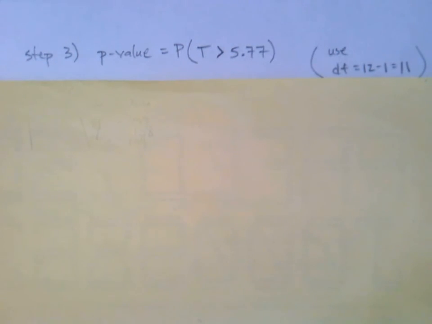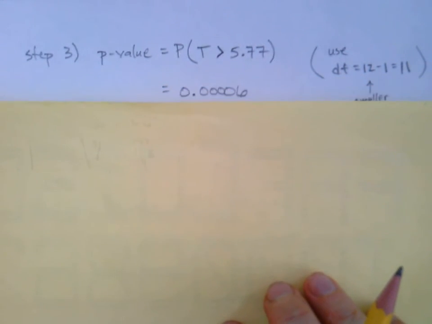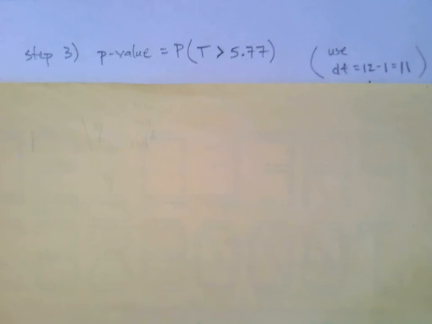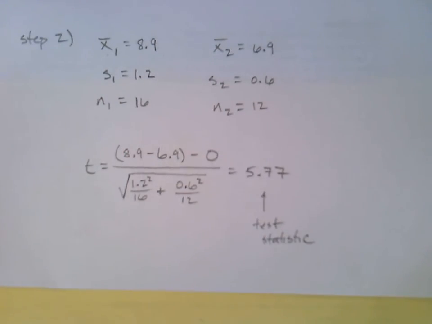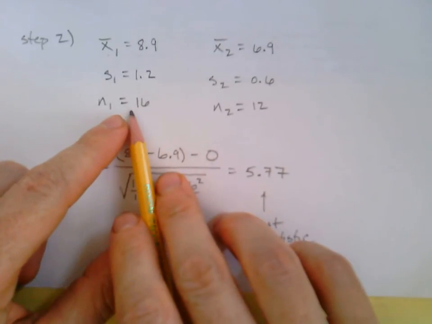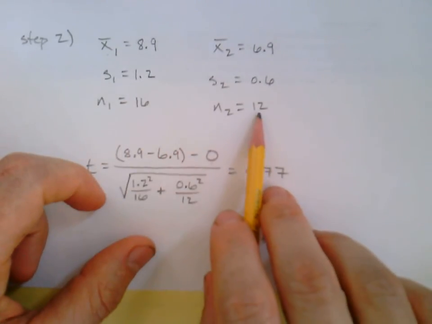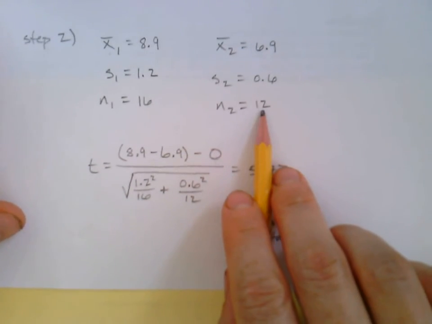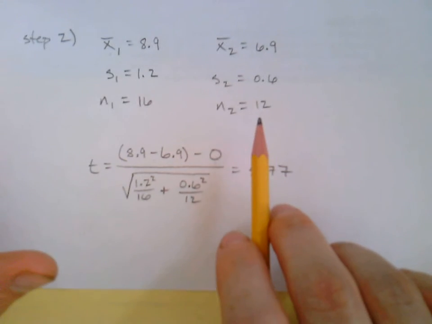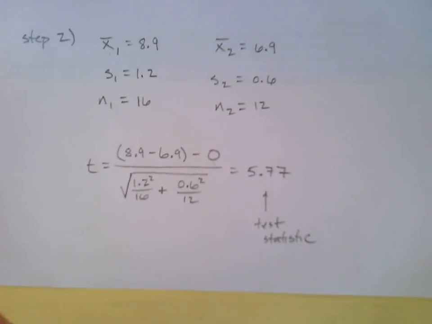Okay, when you go into your StatCrunch calculator, it's going to ask for the degrees of freedom, right? Well, we had two different groups. Let me pull back that previous sheet. We had two groups with two different sample sizes. The degrees of freedom is always one smaller, right? So do we pick 15 or do we pick 11? You always use the smaller sample size. And again, the thinking is the smaller sample limits your information.